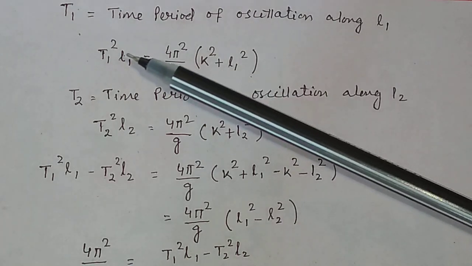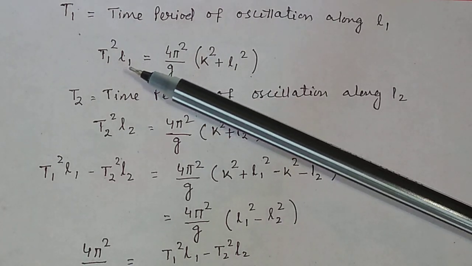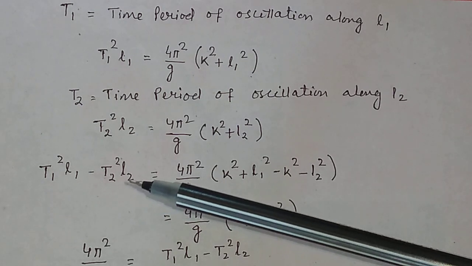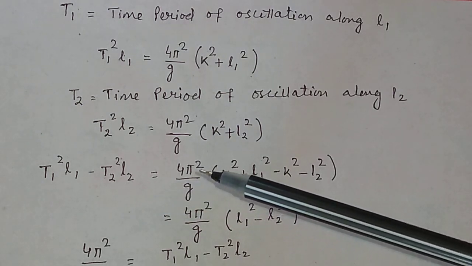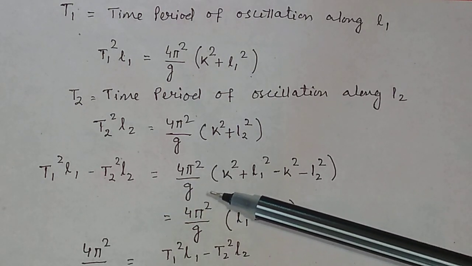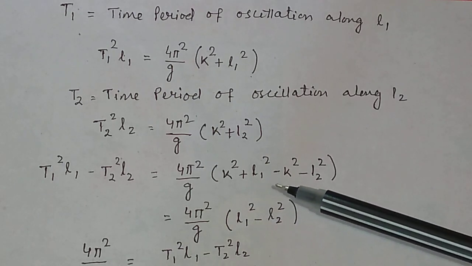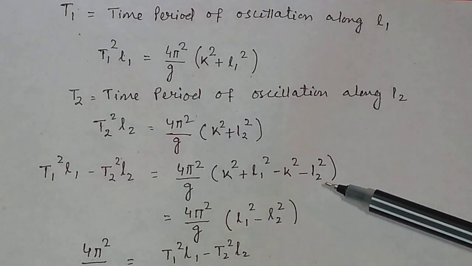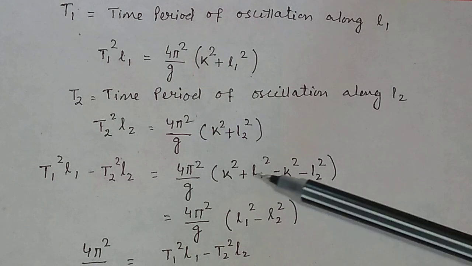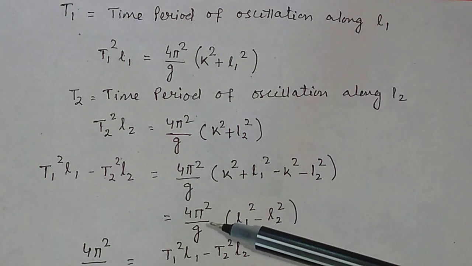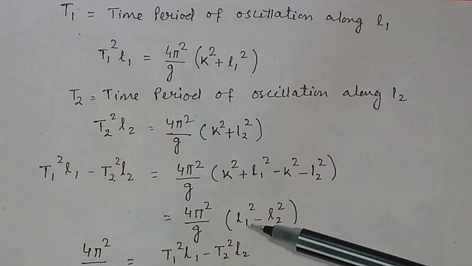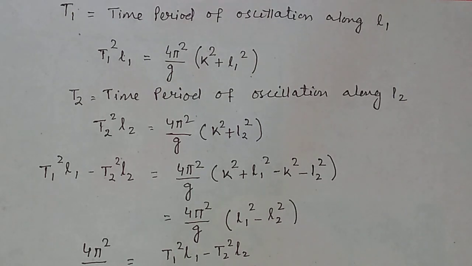Then you take the difference, T1 square L1 minus T2 square L2. This will be equal to 4π square by g, you can take common, (k square plus L1 square minus k square minus L2 square). So k square cancels. This will be equal to 4π square divided by g (L1 square minus L2 square).